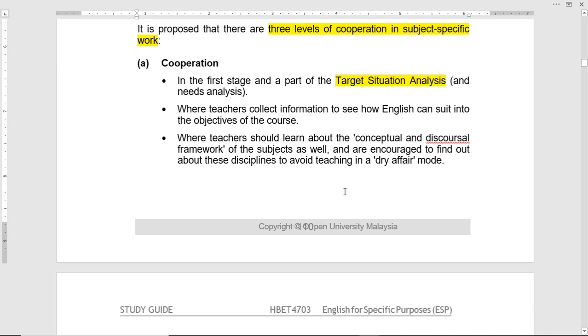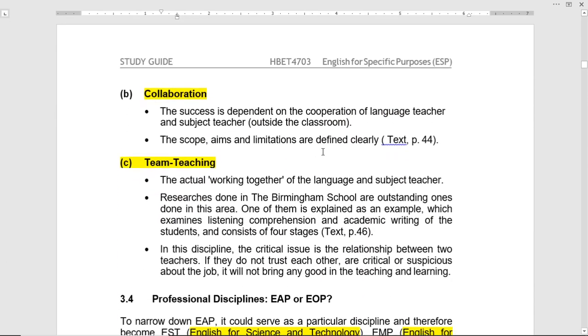And the teacher has to learn about the conceptual and discoursal framework of the subjects as well. For example, English for hotel trade, hospitality trade, what kind of discourse. Then English for medicine. Then collaboration.